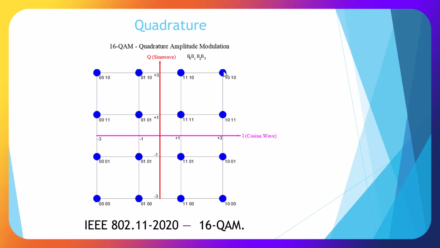And way out over here, we're going to have 1 0 1 0. So what we're able to do is get a 4-bit number which is going to go from 0 to 15 decimal. And using these out of phase signals, we can go ahead and produce a 4-digit binary number.